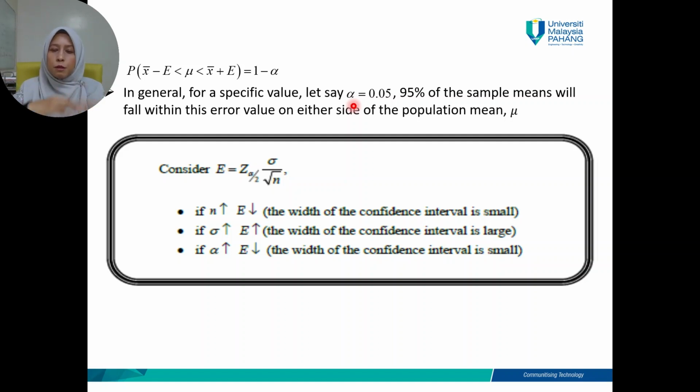That is more on the theoretical part. But generally, increasing sample size, getting more consistent data, and increasing the significance level will give you smaller estimation error, which means that you will get better estimation.